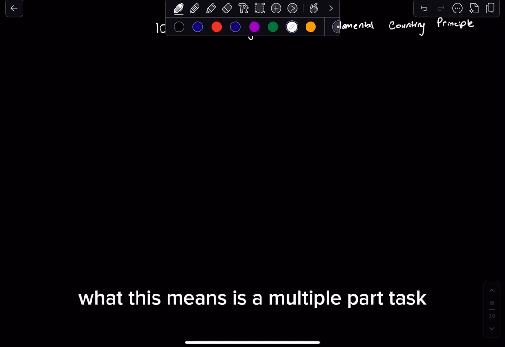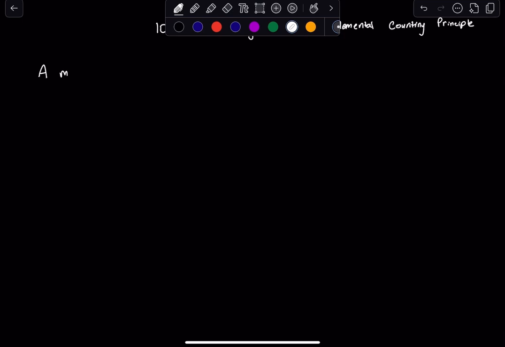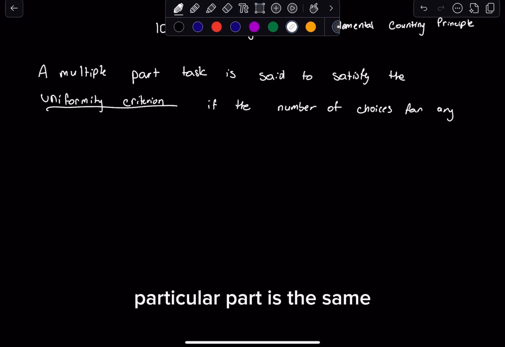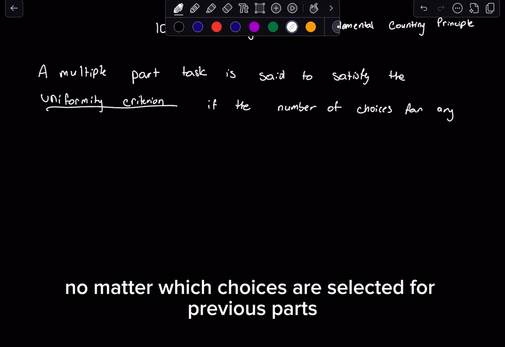What this means is a multiple part task is said to satisfy the uniformity criterion if the number of choices for any particular part is the same no matter which choices are selected for previous parts.